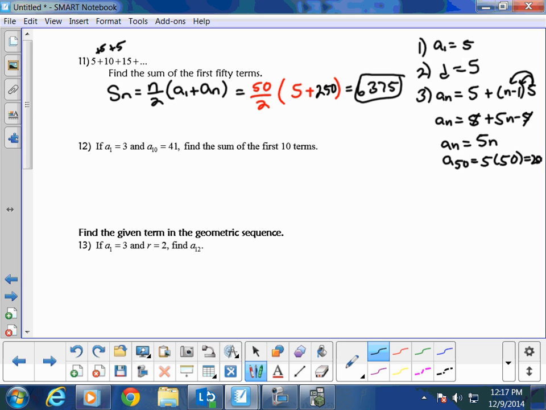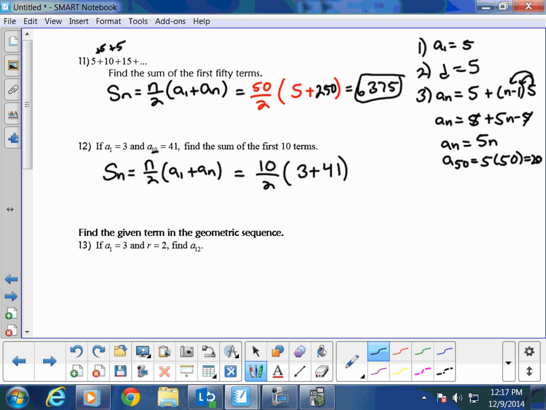This next one is a little easier because we know that if this is arithmetic, then we still have this equation: S of n is equal to n divided by 2, a sub 1 plus a sub n. All the information has been given to us. First of all, our n is this value right here, so 10 divided by 2. A sub 1 has been given, as well as a sub n.